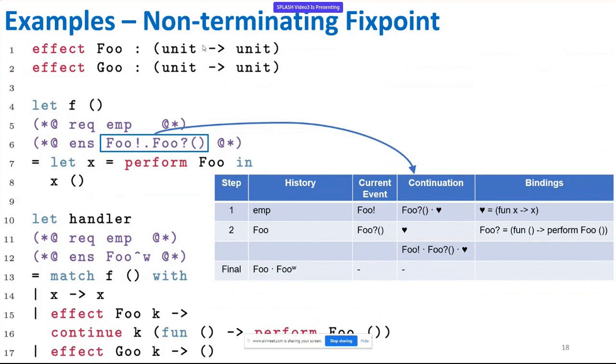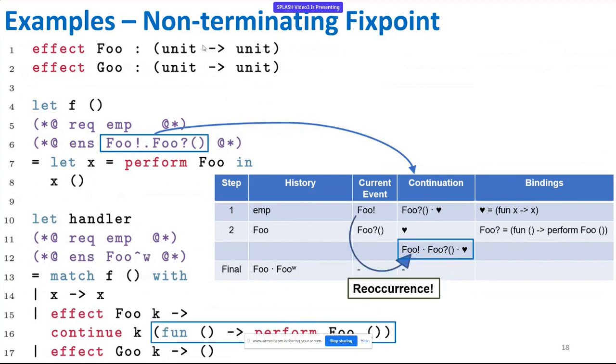We can see that when we find the matching handler at line 15, we then bind the placeholder for foo to the argument of the continue. And when we infer the effects of this argument, we actually get the same thing back, right? Since this function is equivalent to f. So we append that to the current context, and then we find that we have actually seen it before.